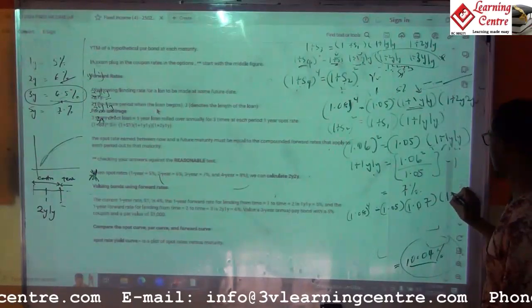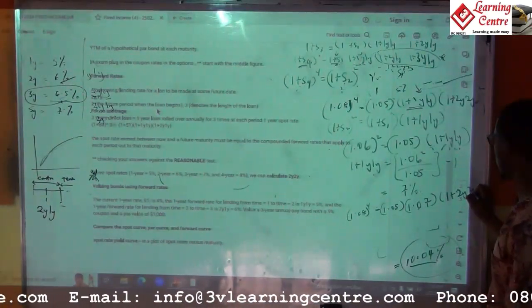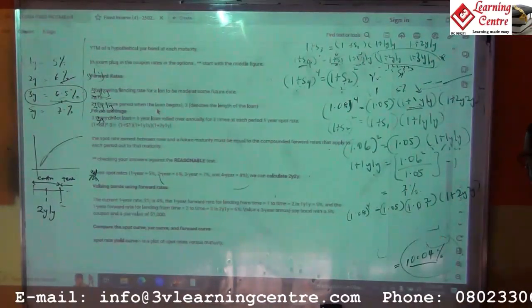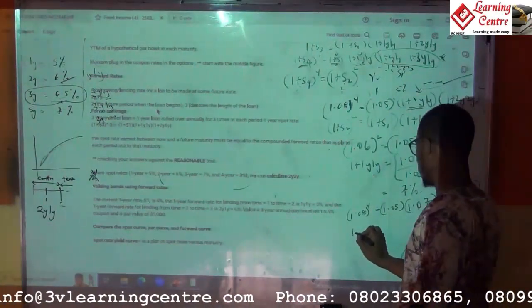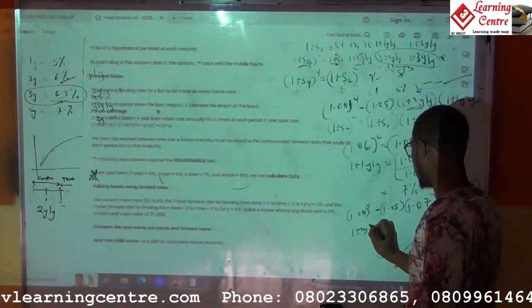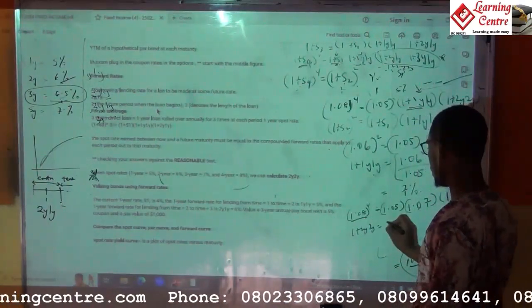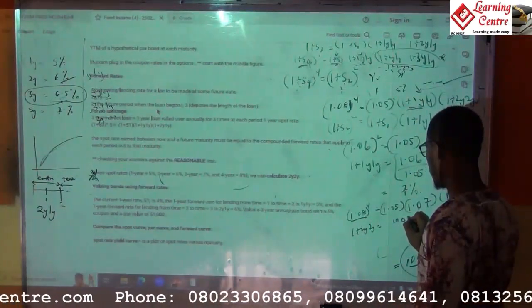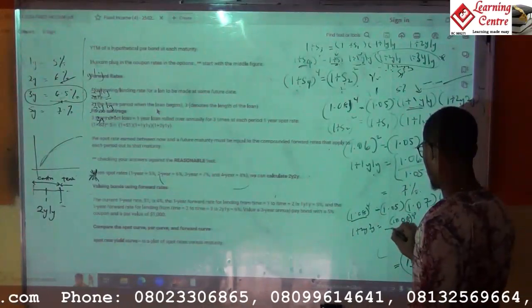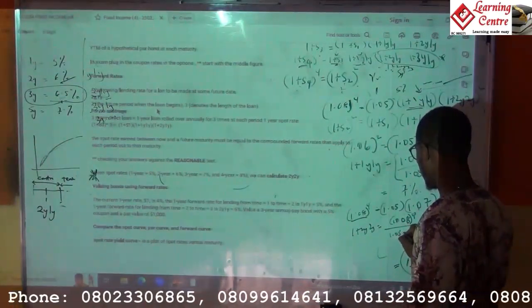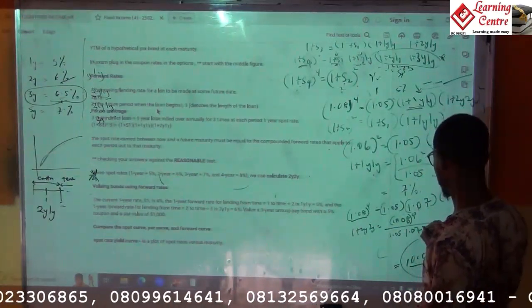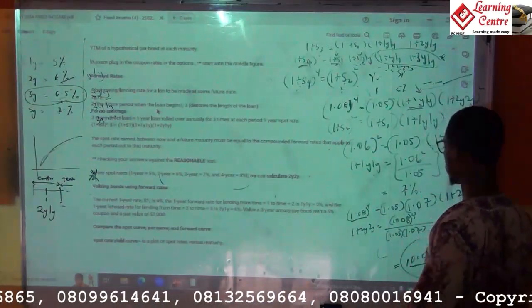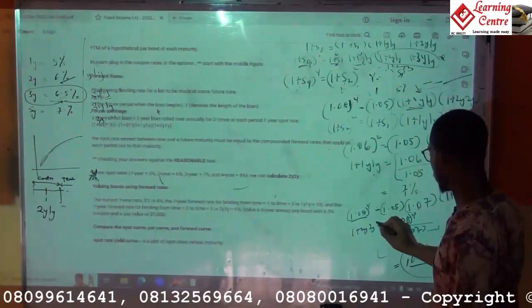Then 1 plus 2y, so let's solve this. 1 plus 2y equals 1.08 raised to power 4 over 1.05 times 1.07, right? This one is just about 2.